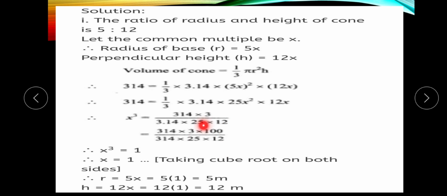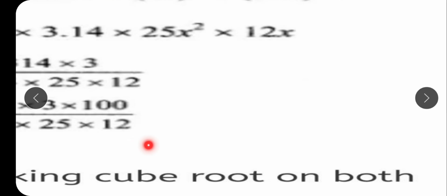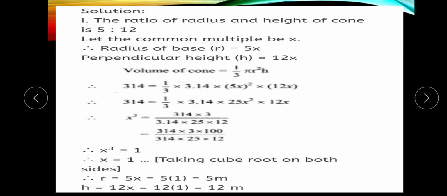So what remains, 25 ones are 25 and 25 fours are 100, and here 4 is there, and with 12 4 was remaining. So we will get 4 upon 4, that is 1. Now x cube is equal to 1. So we will take the cube root from both the sides. We will get x is equal to 1.